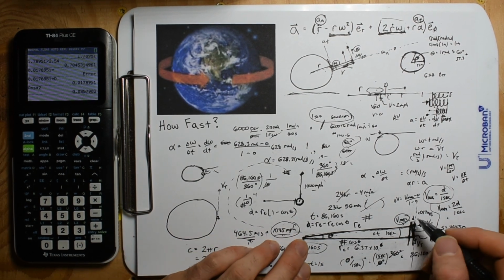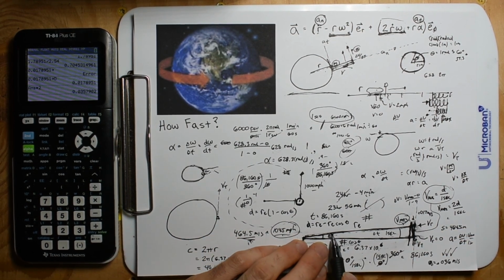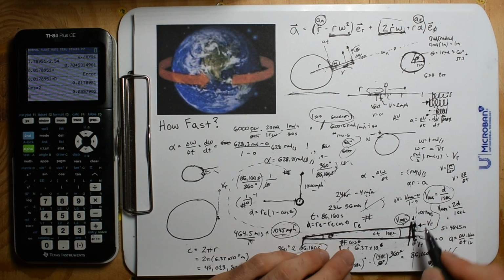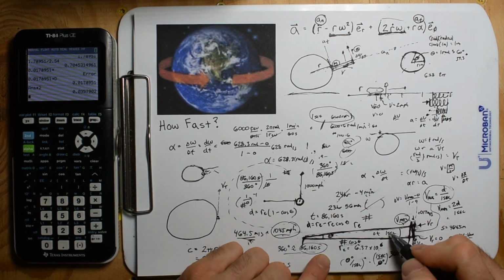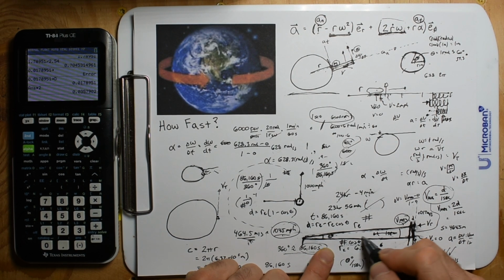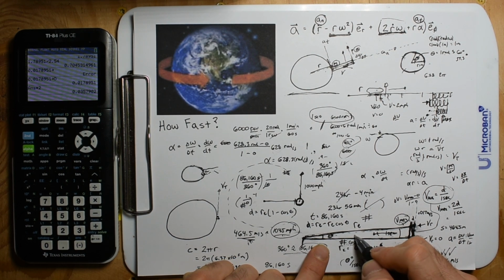And so, if this was moving really fast, then you would have to travel that distance in a much shorter time. Let's say that same angle, and the Earth was spinning 1,000 times faster.